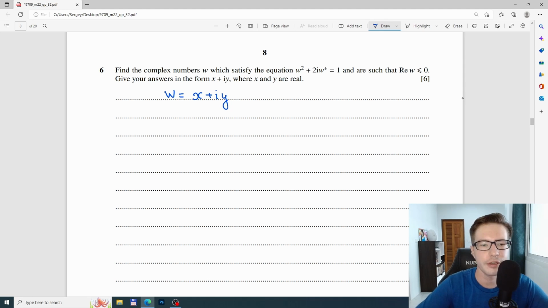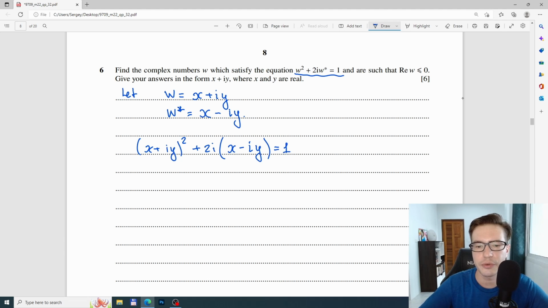Question 6, complex numbers again, and we're looking for solution to the equation in the form x plus iy. So I'm going to say let w be x plus iy, and then w asterisk means complex conjugate, so I will have to change the sign of the imaginary part. It's going to be minus iy. Now I can substitute all of this into the equation. So I'll get x plus iy squared plus 2i times the complex conjugate, which is x minus iy, equals to 1.